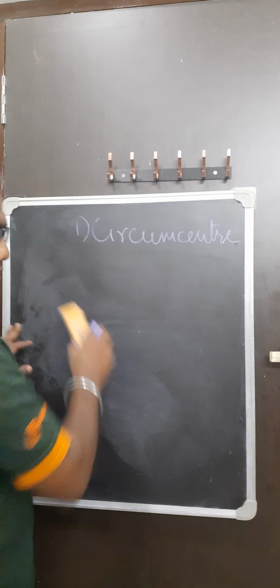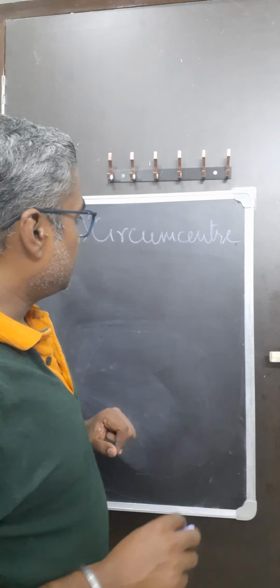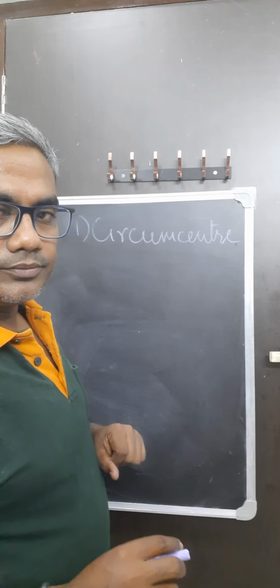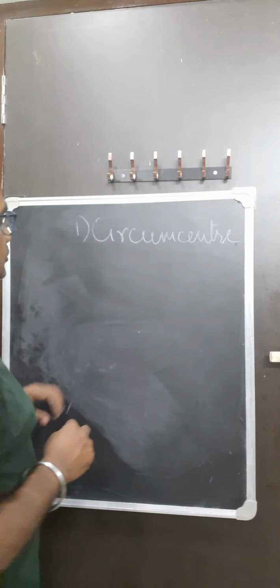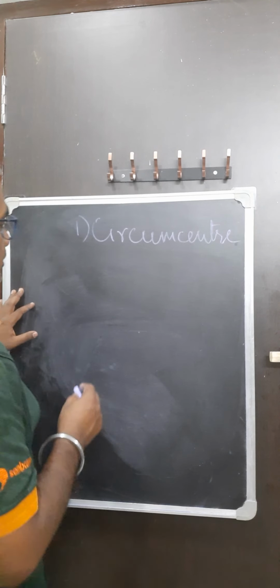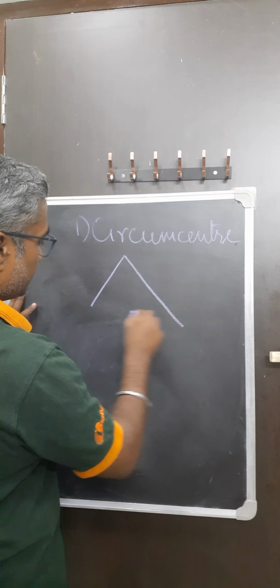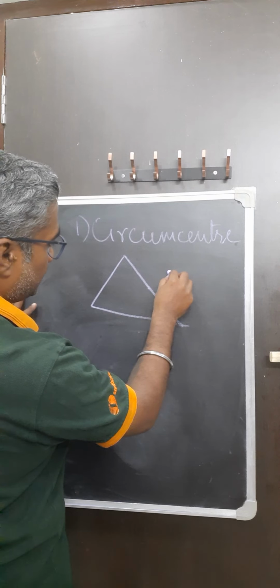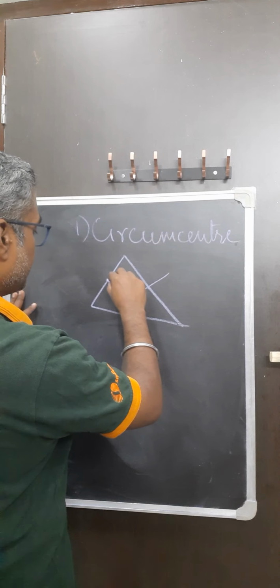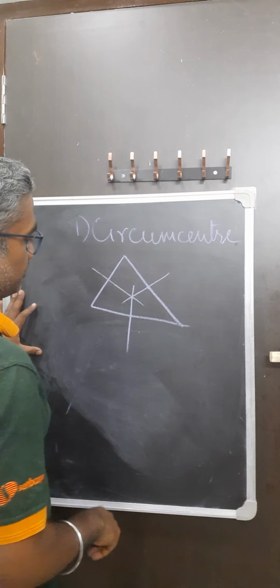This is the topic that I came across in the last video while discussing some trigonometrical problem. So the circumcenter is this: if I take any triangle and divide its sides equally with perpendicular lines, the lines will divide these three sides equally and perpendicularly. Let's say the triangle is ABC.